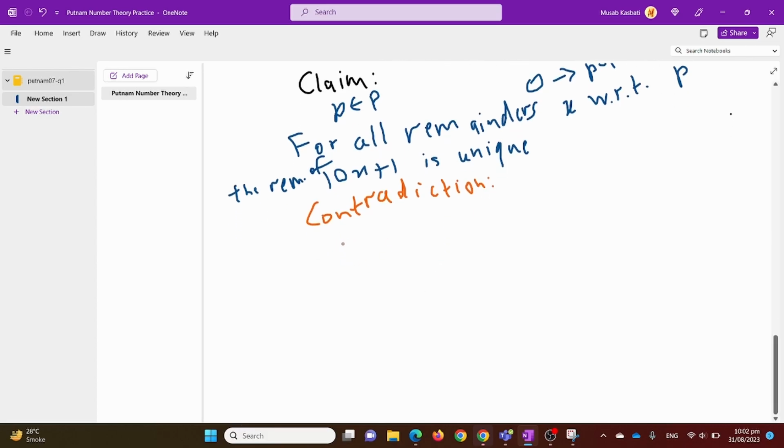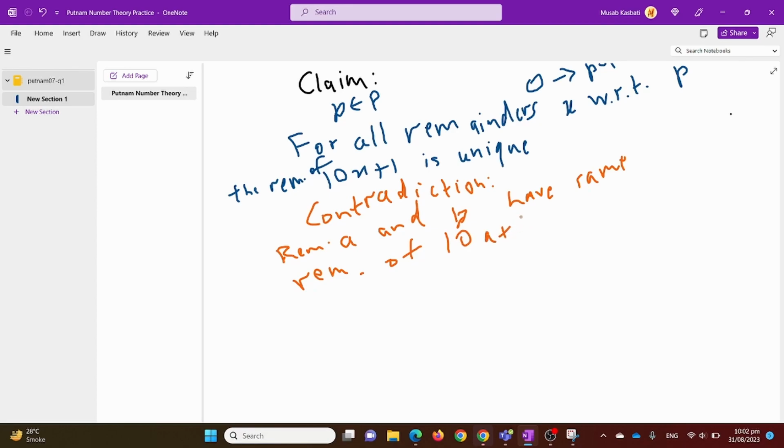So by contradiction, I assume that two remainders a and b have the same remainder of 10a plus 1 and 10b plus 1, where a is not equal to b, right? Which is basically saying that two different remainders exist such that applying the function, 10x plus 1, gives the same remainder for both.